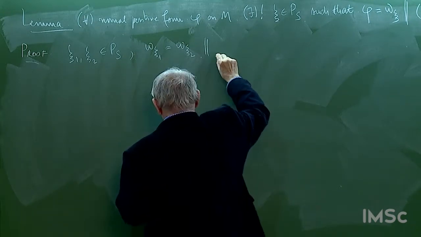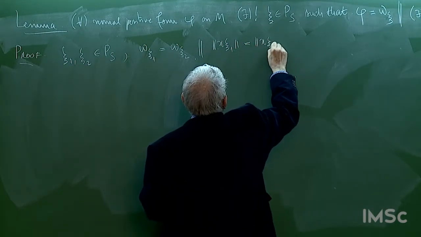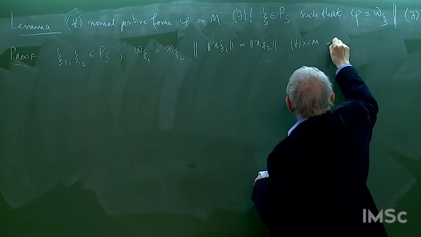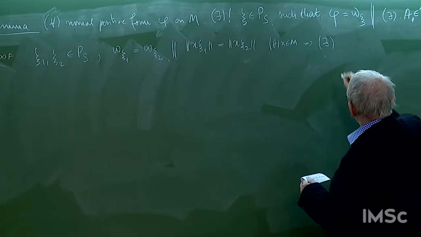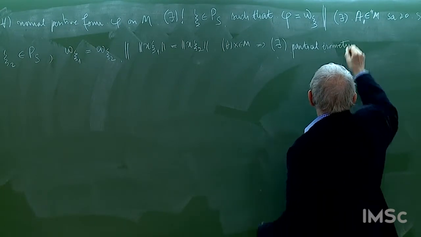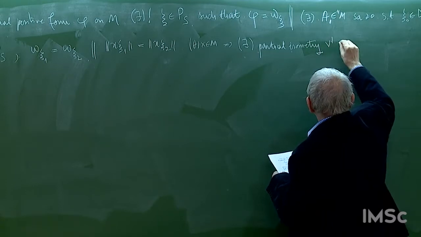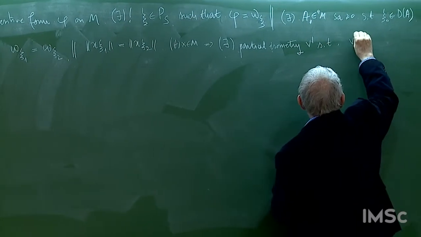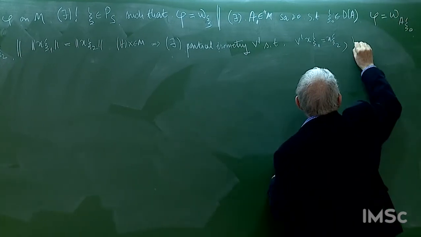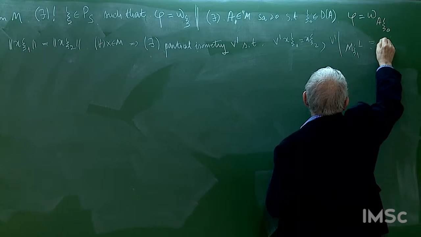Then it follows that the norm of x psi 1 squared is equal to the norm of x psi 2 squared, and this happens for every x belonging to M, so that there exists a partial isometry V prime such that V prime of x psi 1 is equal to x psi 2, and V prime restricted to M psi 1 orthogonal is equal to 0.